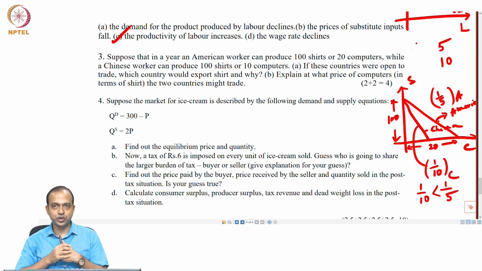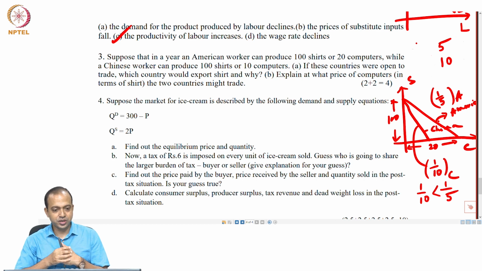Lower opportunity cost indicates China has a comparative advantage in cert production, while America has a comparative advantage in computer production. So, if trade opens up, then China will export cert and America will export computer. That is the case.